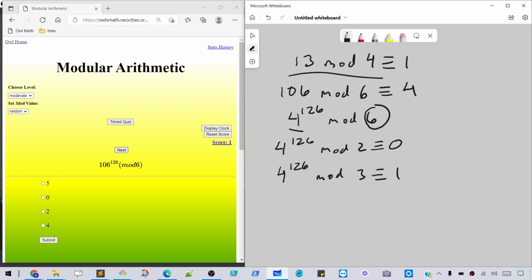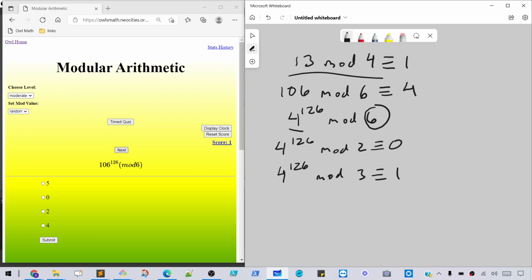So we're looking for a number that's 1 mod 3. I'm making this into a really long problem when there's only a few options. Mod 6, the only options we have are 0 to 5. Let's look at the numbers from 0 to 5 that are 0 mod 2.